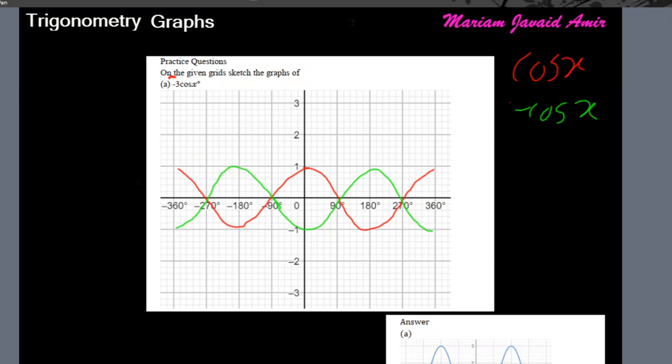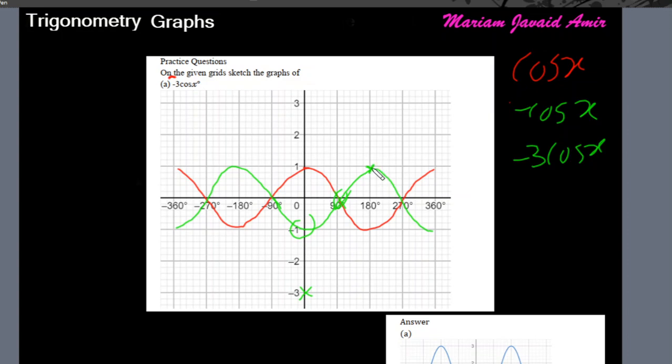And then I need minus 3 cos x. So now I'm multiplying this with 3. Sorry, I'm multiplying the green graph with 3.